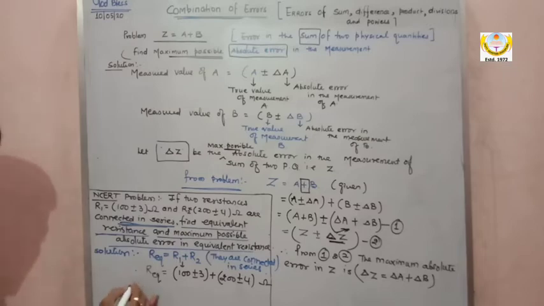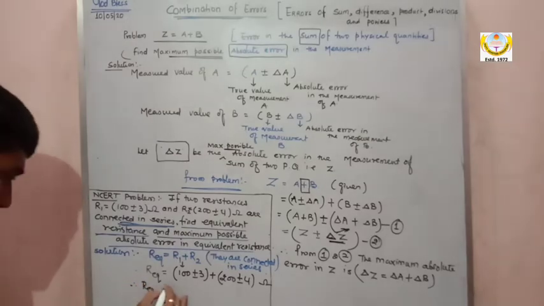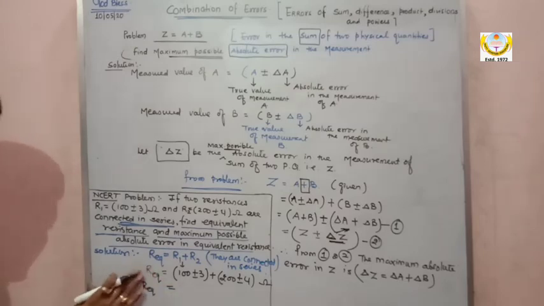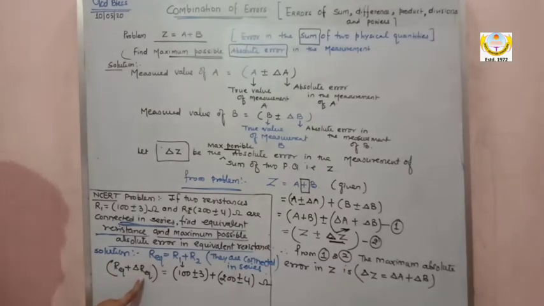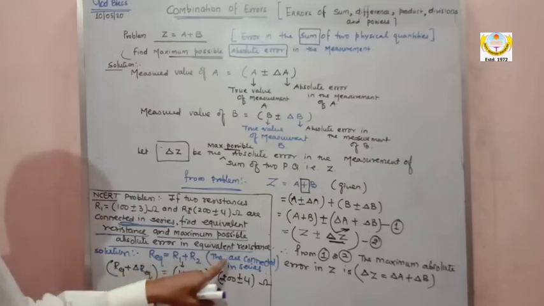Now this is R equivalent, and I should write it this way: R equivalent plus minus delta R equivalent. Actually, this is the way we should write. R equivalent is equal to R1 plus R2.